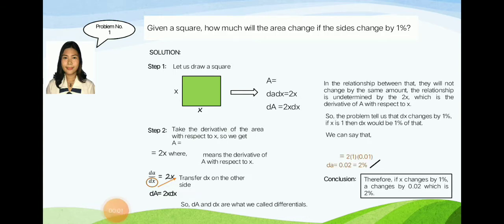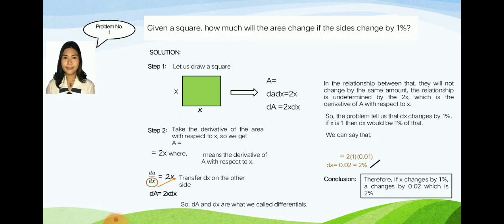So the problem tells us that dx changes by 1%. If x is 1, then dx would be 1% of that. So we can say that dA equals 2 times x times dx, where dx is equal to 1% because 1% is 1 over 100 of 100%.